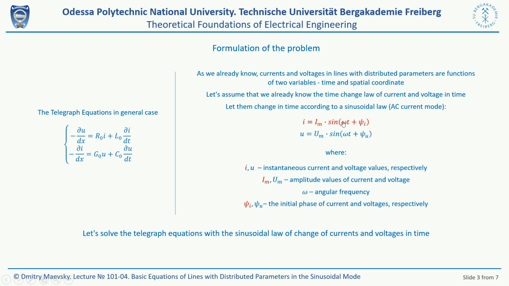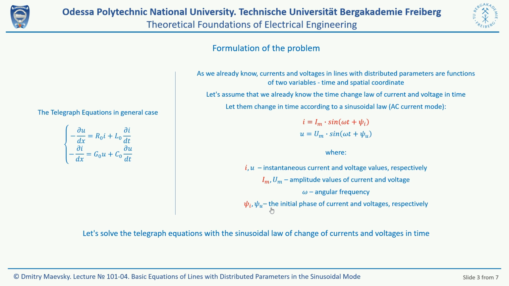Omega is the angular frequency, and the letter psi with indices i and u denotes the initial phases of current and voltage. We talk about this in detail in the topic AC electrical circuits.